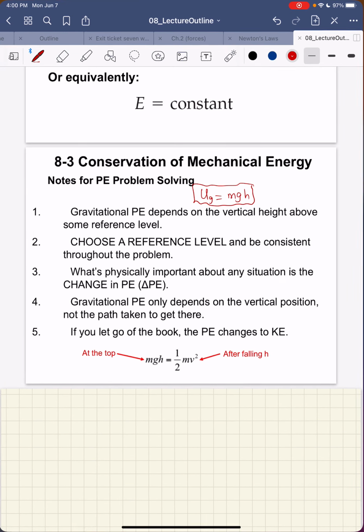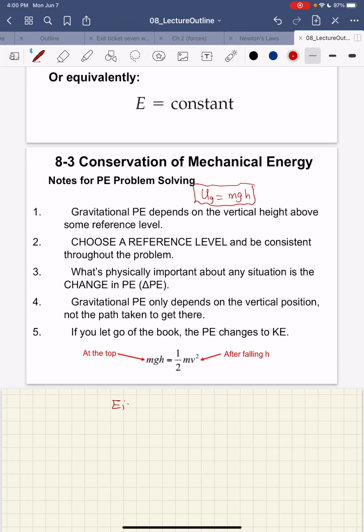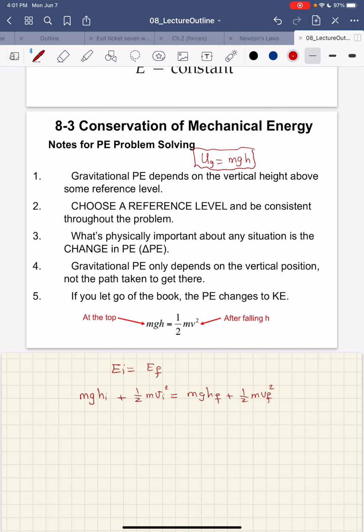Then we will say E initial equals E final, and it is mg h initial plus 1/2 m v initial squared equals mg h final plus 1/2 m v final squared. And I can write my equation in a different way, rearranged.